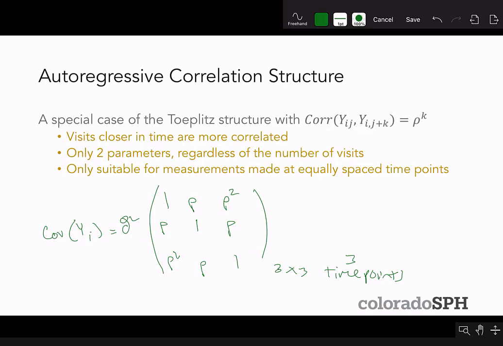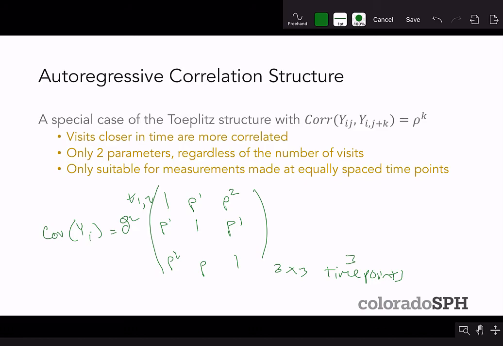On the diagonals, you have 1 because that's the variance. At the time point 1, 2 slot, you have rho, because the difference between time points is just 1, so you could actually say that's rho to the 1.